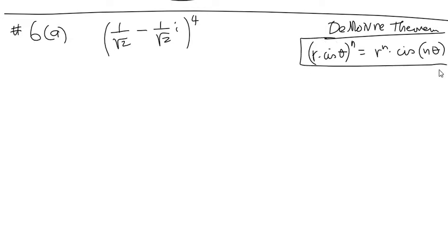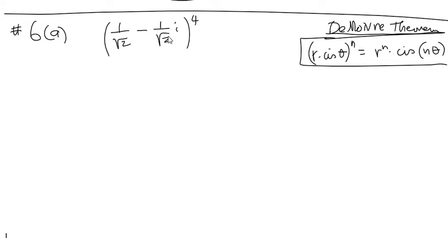All right? So that's what De Moivre says. So that means that to use De Moivre in this problem, we've got to take this number here, 1 over root 2 minus 1 over root 2 i, and rewrite it in modulus argument form, because we need it in that form if we're going to apply De Moivre's theorem.